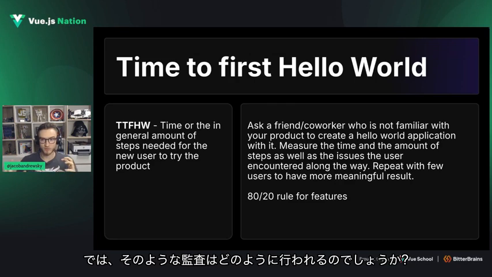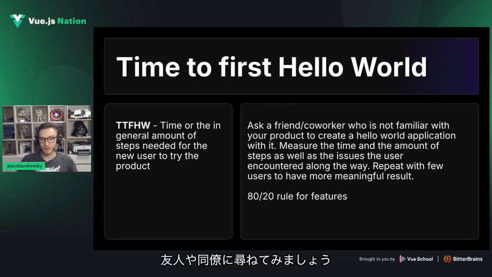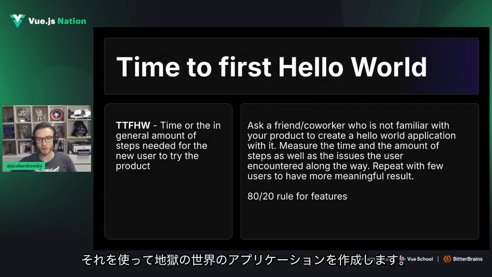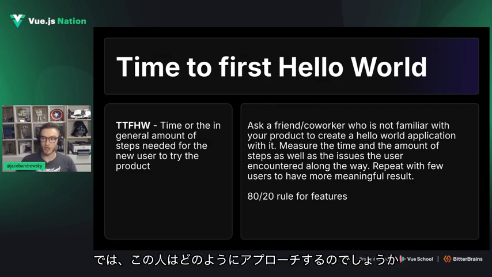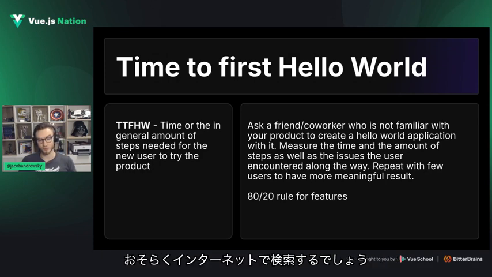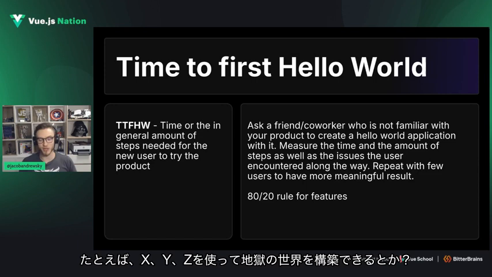So how could such an audit look like? You can ask a friend or coworker who is not familiar with your product to create a hello world application with it. How this person will approach it is probably they would search the internet, like how can I build a hello world app with XYZ, right?